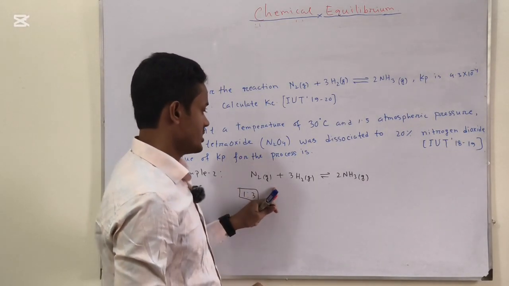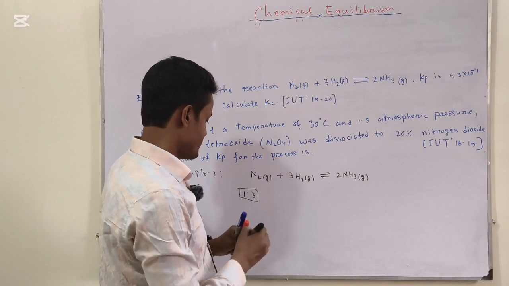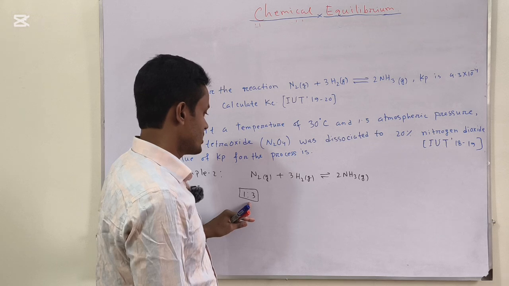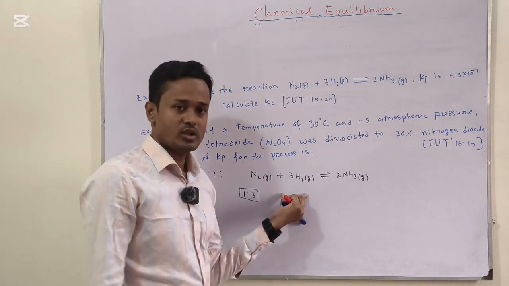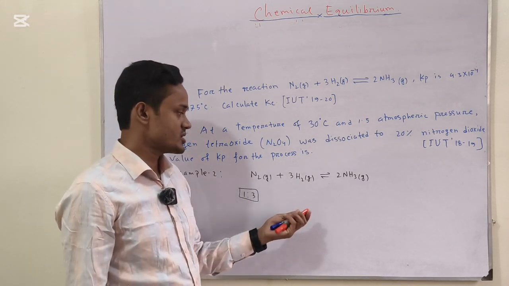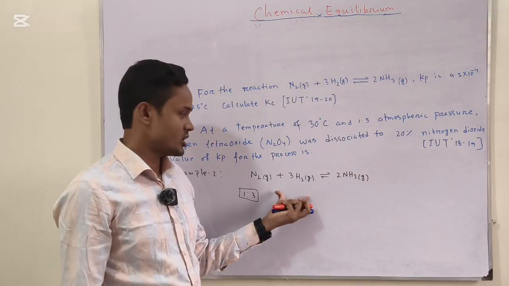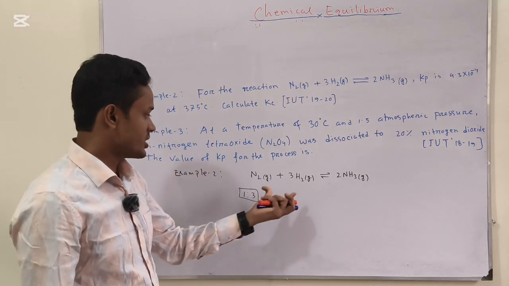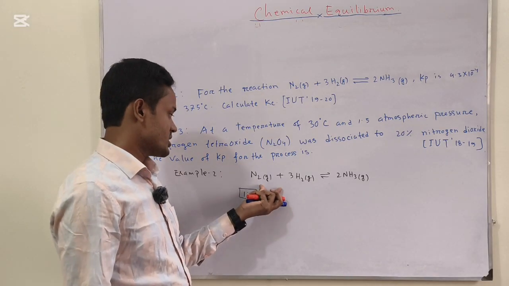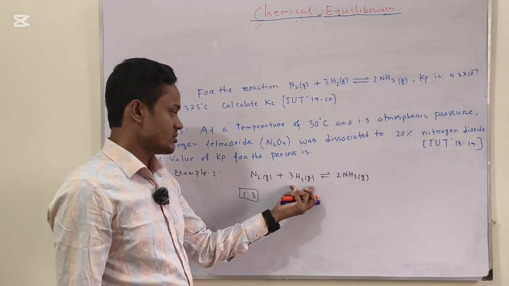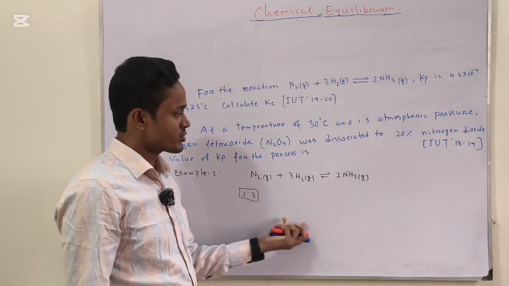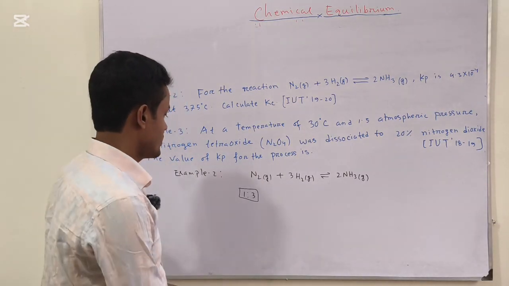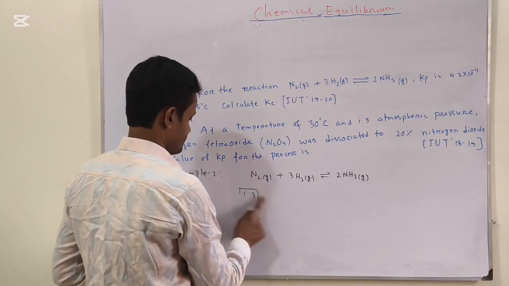This reaction follows the Haber-Bosch process rules. Nitrogen and hydrogen react and produce ammonia gas, 2 mole.